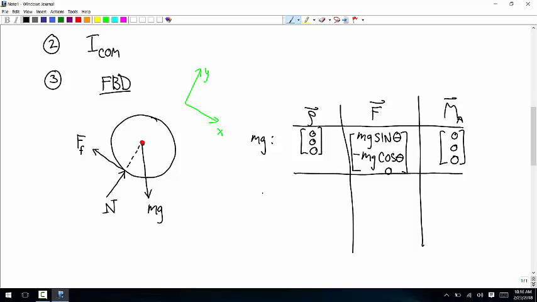Then the normal force. What's the rho vector from the about point to where that normal force is applied? 0, negative r, yep. And the force vector is 0, positive N, 0. And so the cross product between those is 0 again.